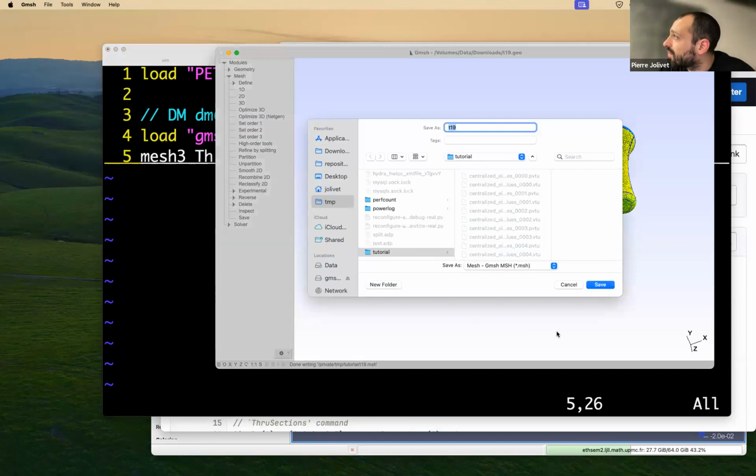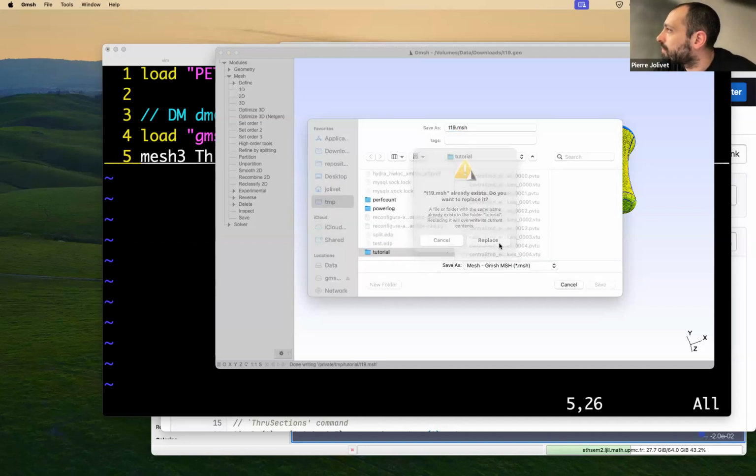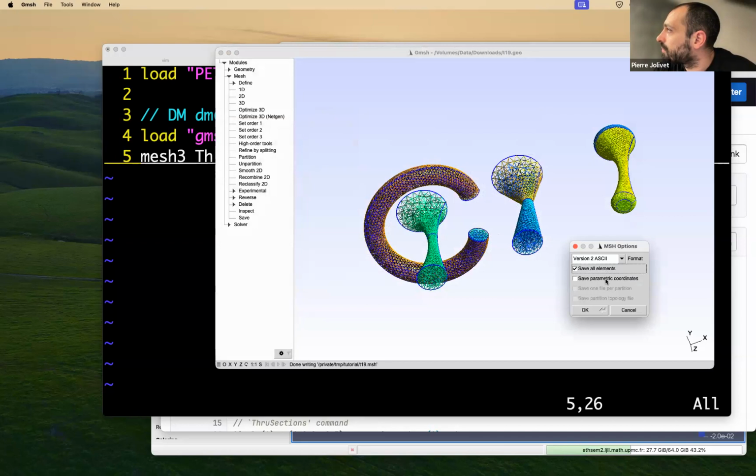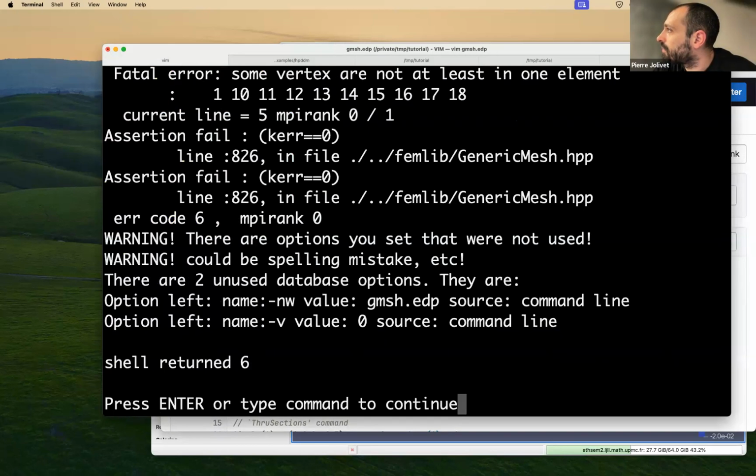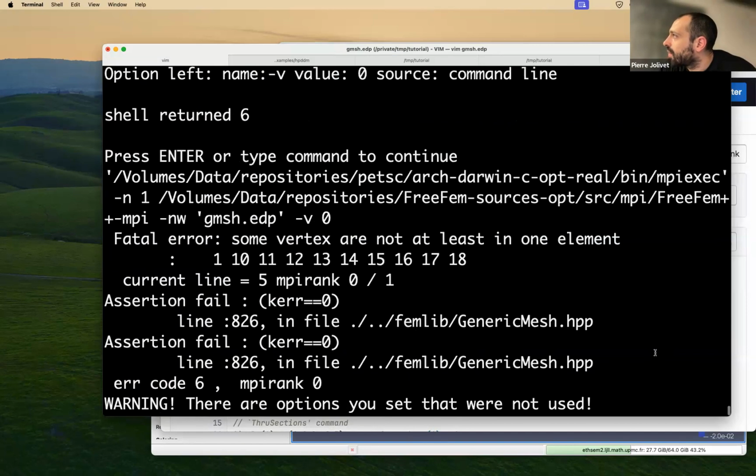Export. Not working as well. Okay, so let's forget about gmsh for today.